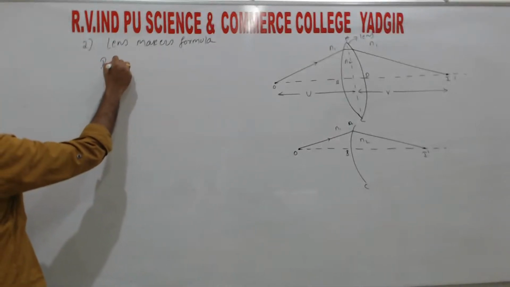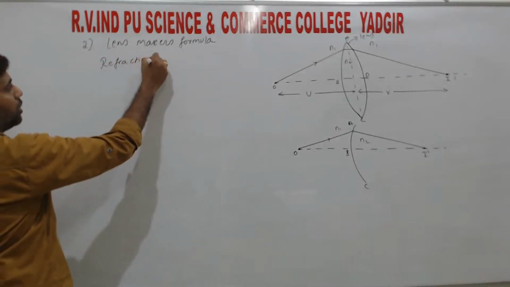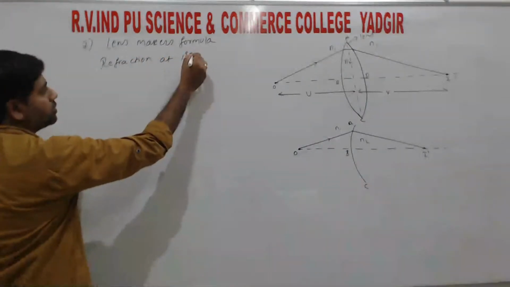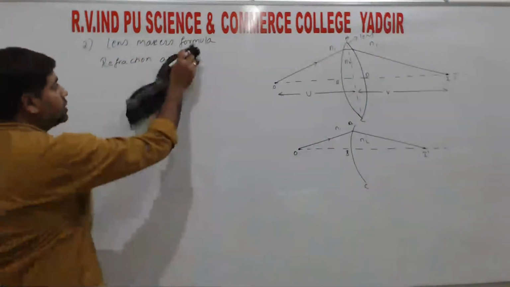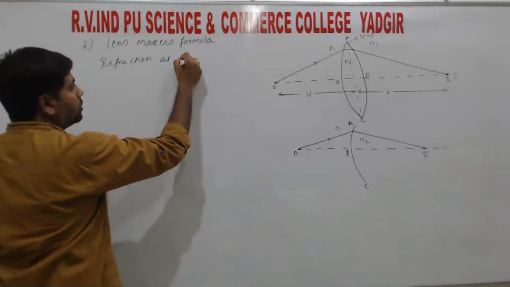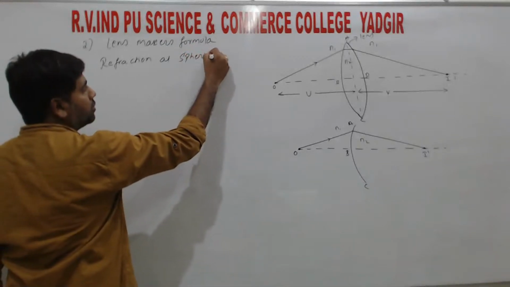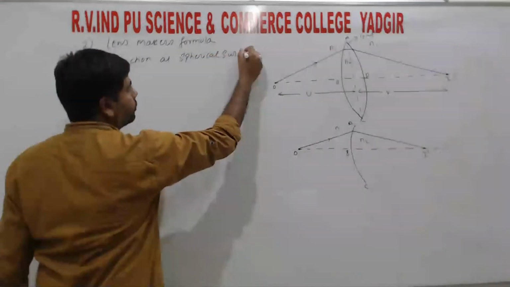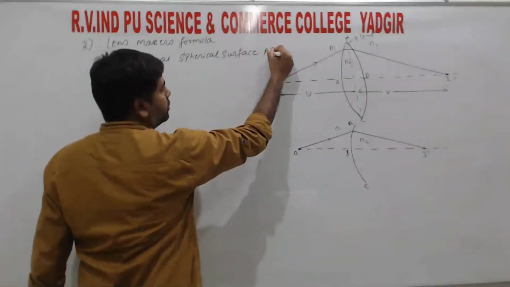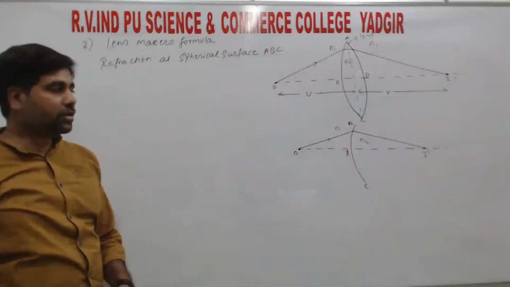So refraction at spherical surface ABC, that is the first refracting surface.